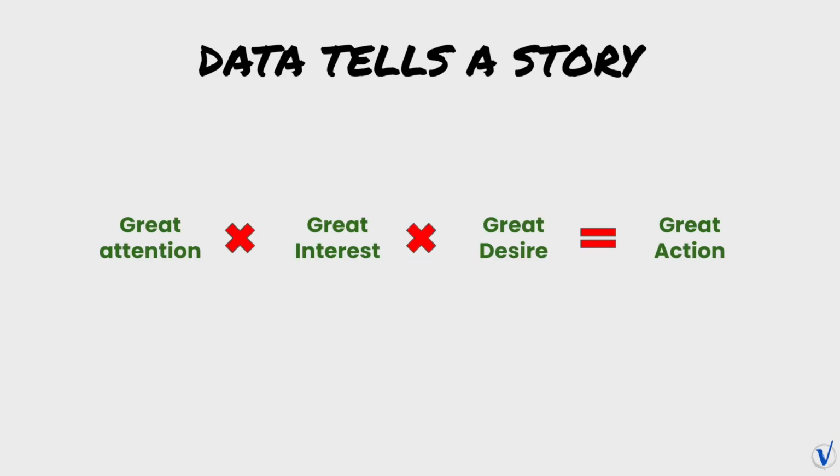However, rule of thumb is that a great attention rate times a great interest times great desire equals great action, right? So if you have a great thumbs up ratio, meaning you do a great job with your creative to actually grab somebody's interest and stop the scroll and actually make them pay attention to your ad, to your product, and to your brand, and then also convert that attention into a genuine interest to know more about the product and understand, okay, what is in it for me?